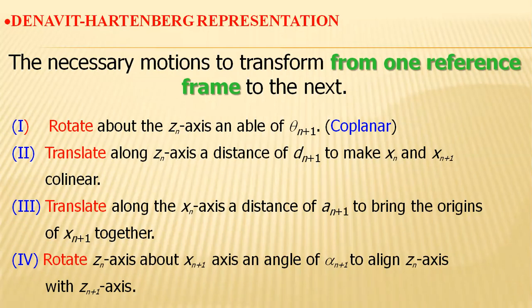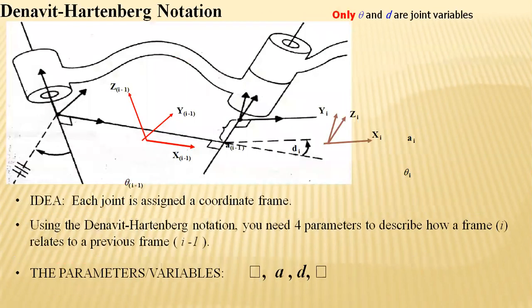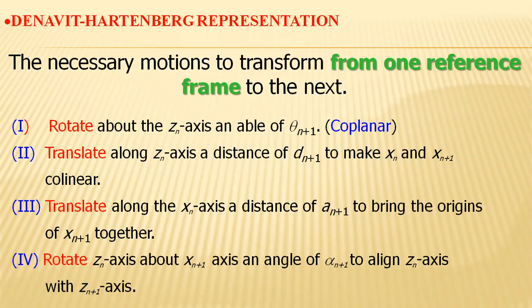And later on, rotating along the z-axis about the xn plus 1 axis leads to the same inclination in the z alignment based on the x-axis. Again, the reference frame is getting changed.